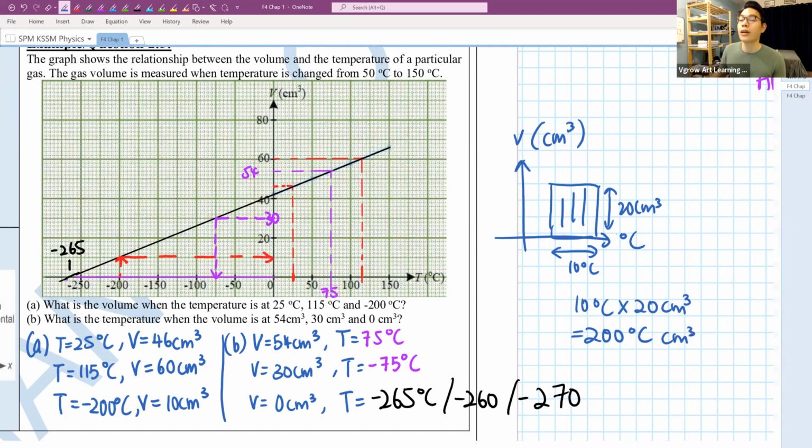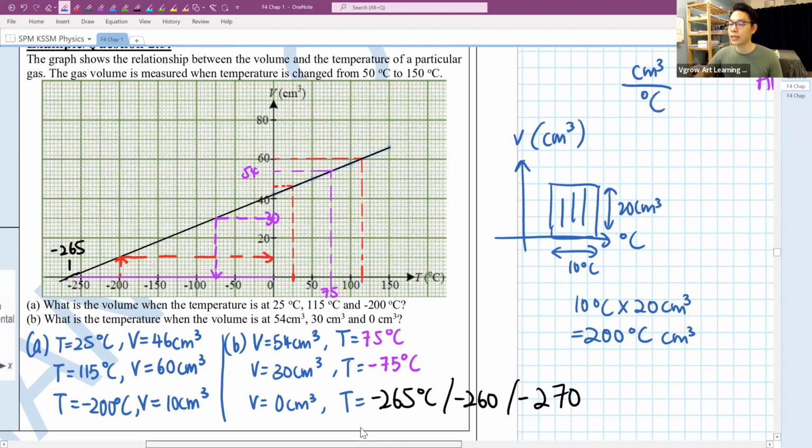Okay, this is just if we are wondering what is the unit for the area under the graph. If I'm asking for the unit for the gradient, area under the graph is degrees Celsius cm cube, but for gradient the y value is cm cube over the x distance, the y distance over the x distance.